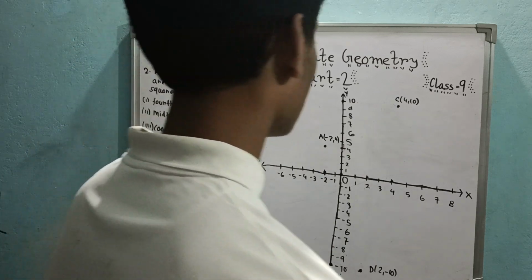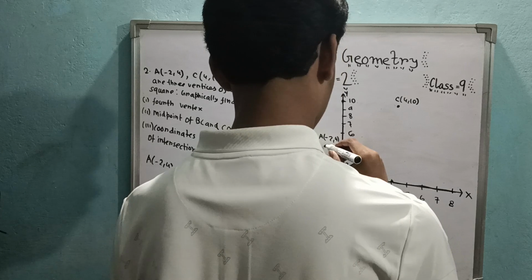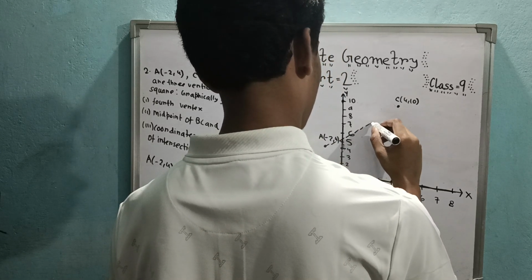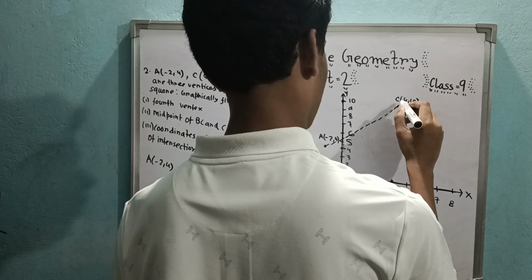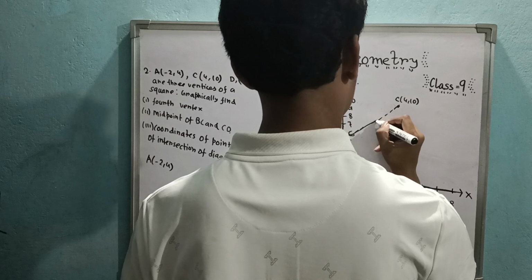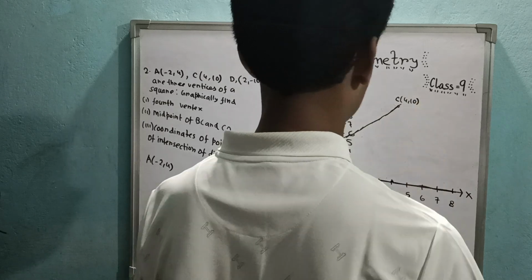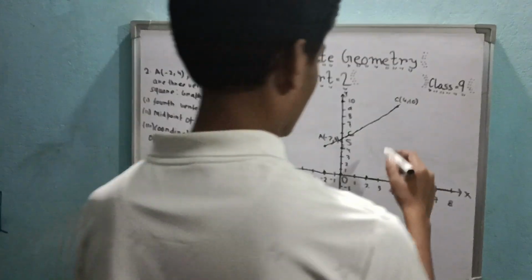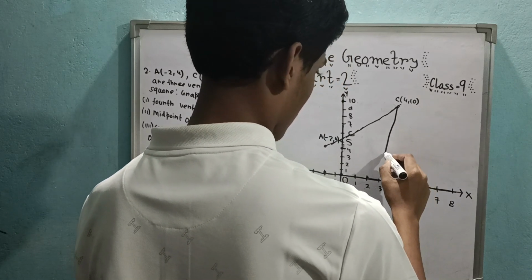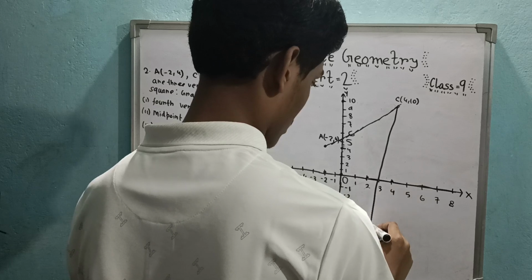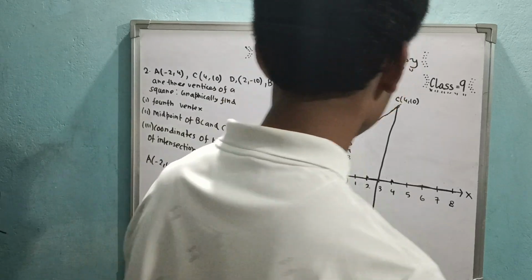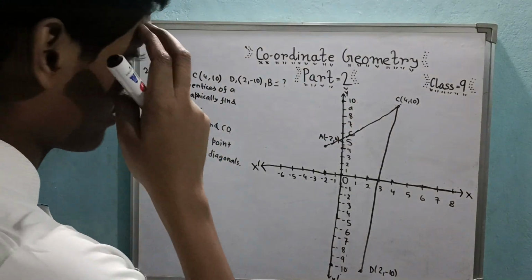Let's join these. That's weird to join it like that. To be honest, I don't understand how it can be a square.